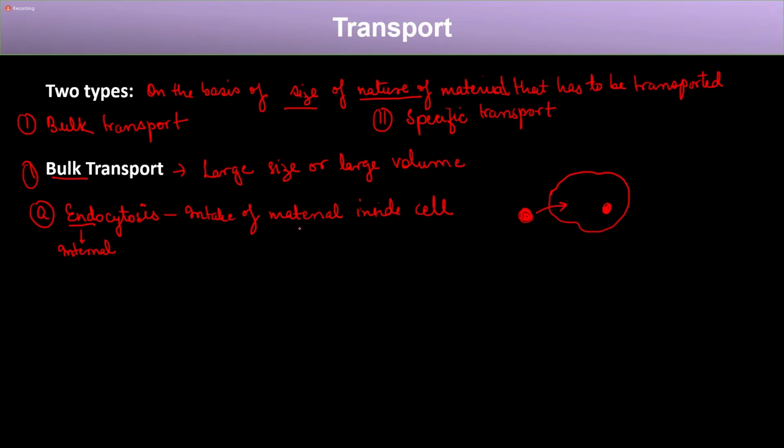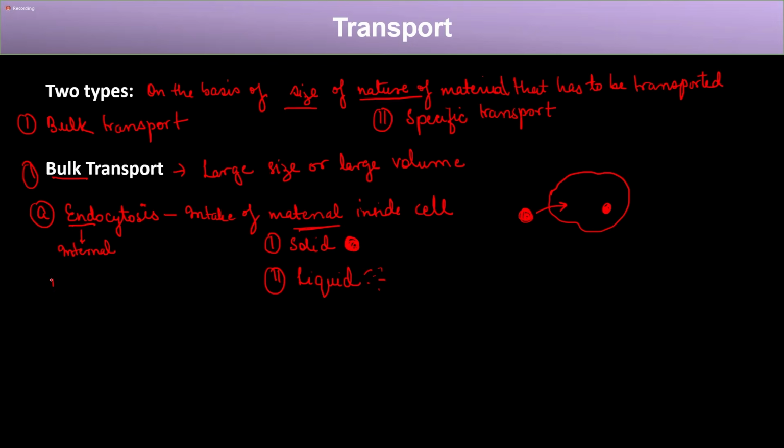Now, this material can be anything. It can be either solid or liquid, in large volume. On that basis, endocytosis is of two types.